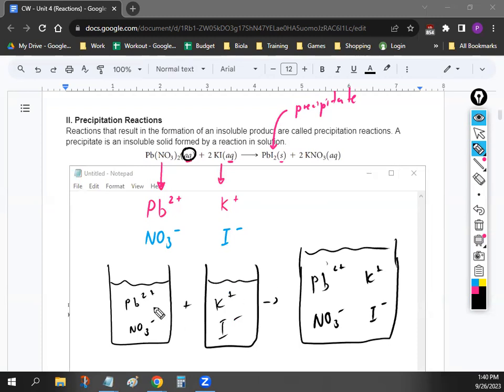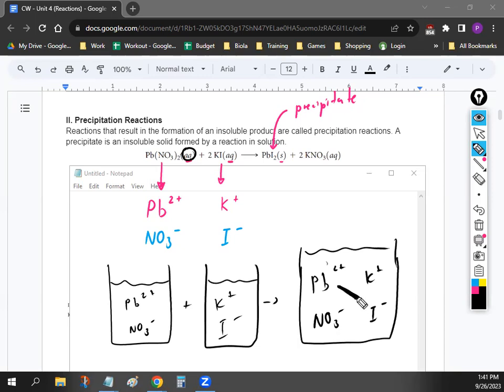So Pb, when it was separated, only was able to flirt with NO3 minus, and it didn't work too well. NO3 minus is like, nah, we're never going to get together. But Pb is now able to connect with another anion. He has access to a different ion, and he's going to start flirting with iodide.